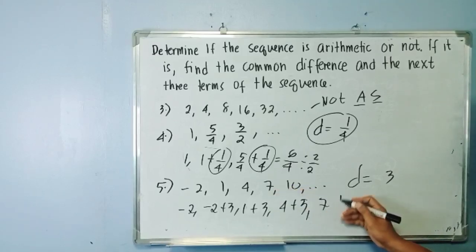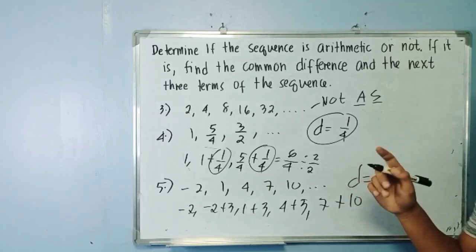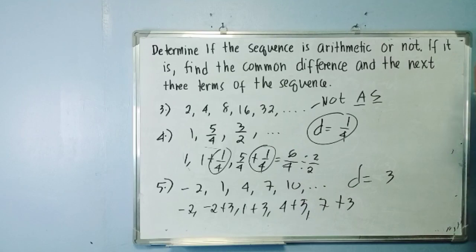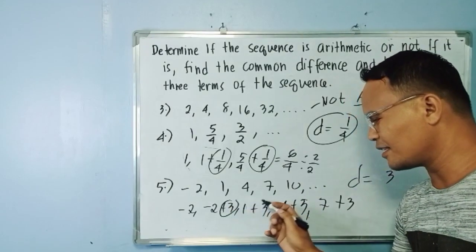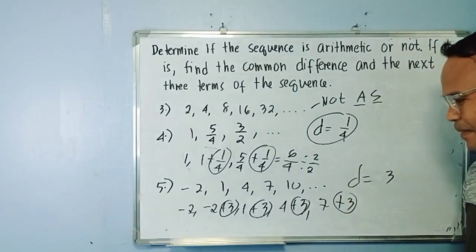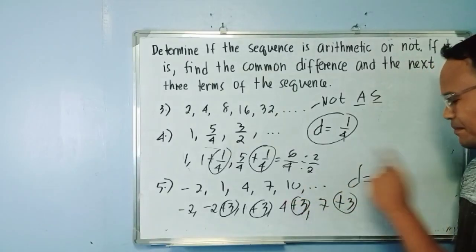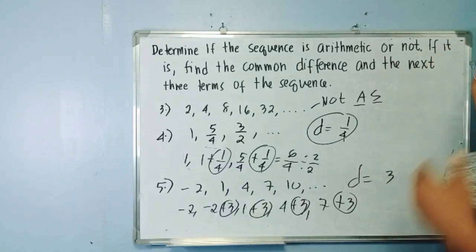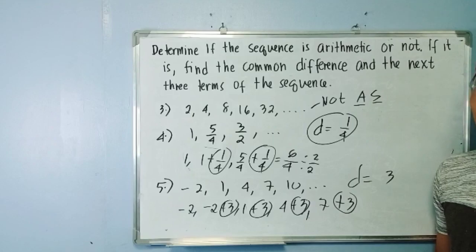And 7 added by 3, the result is 10. So the common number that we added to each term is 3. So that is the pattern. We can get the next term by adding the preceding term by 3 to obtain the next term. And that is called an arithmetic sequence.